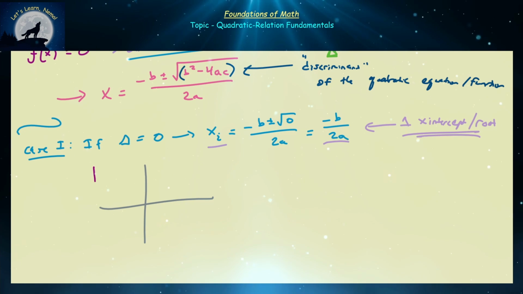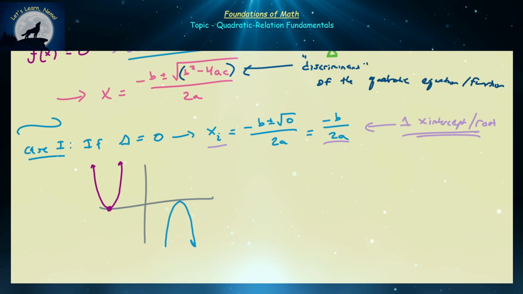If it only touches once, then there's only a couple ways that it could look. It could touch at that point there, or it could touch, for example, at this point here. If this orientation is x on the horizontal and y on the vertical, that is typically the case, then this purple graph is associated to parabolas where a is greater than 0. And when our parabolas are facing downwards, that's evident when the leading coefficient a is negative, right?